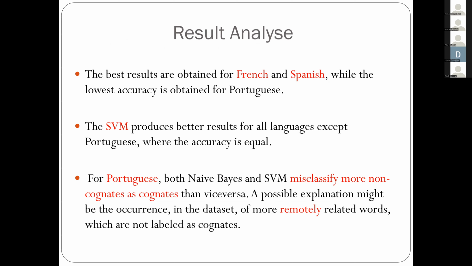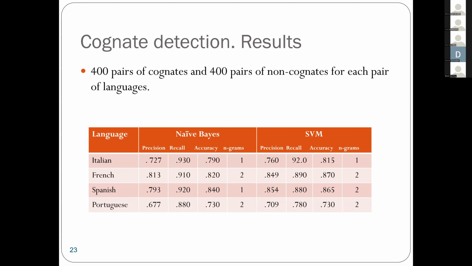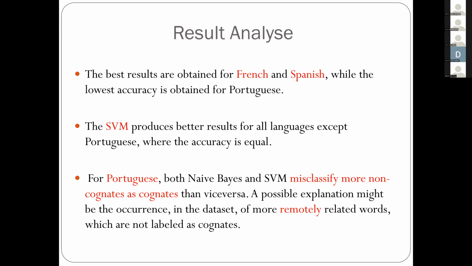When we made the error analysis and looked at the pairs of words which were misclassified by our algorithm, in the case of Portuguese we saw that, in a way, maybe the algorithm was not so wrong, because it misclassified more non-cognates as cognates than vice versa, with our definition.